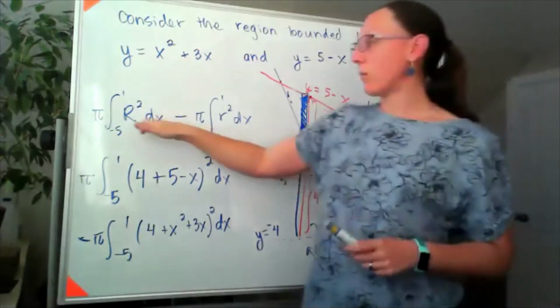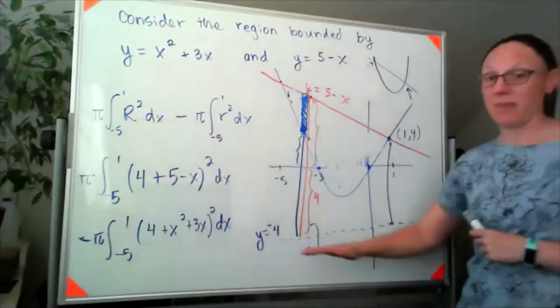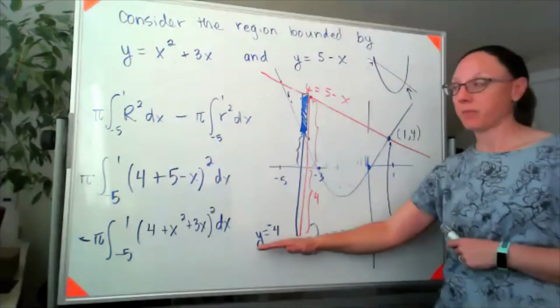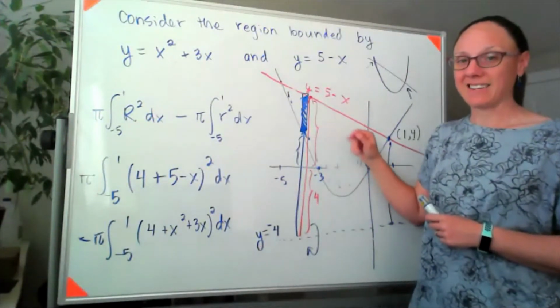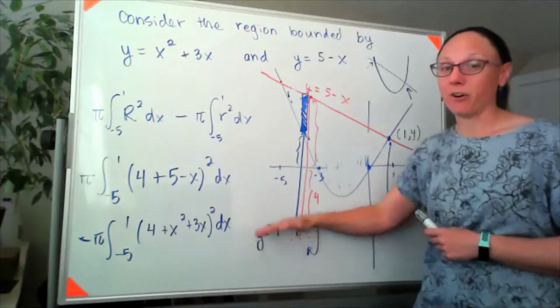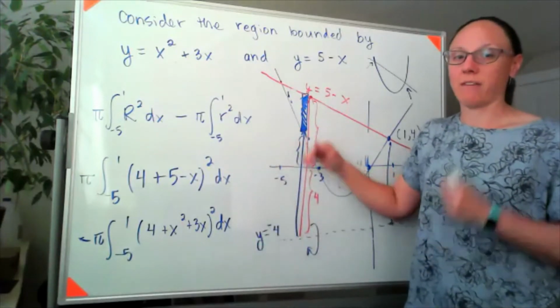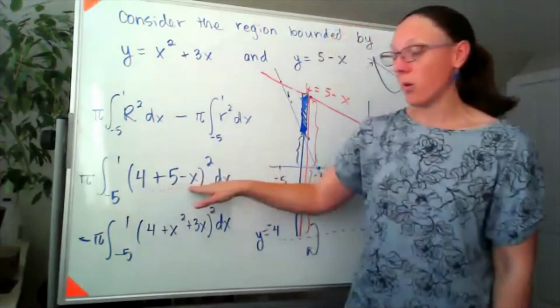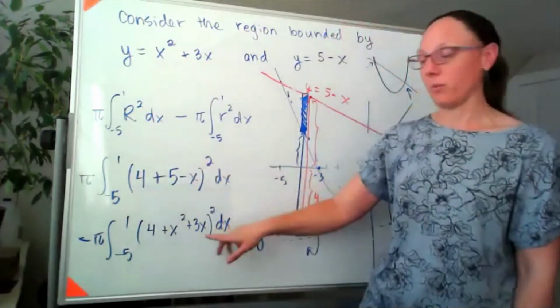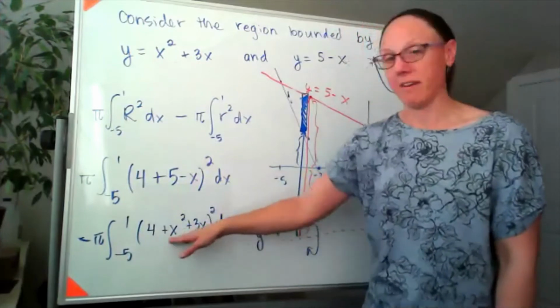So that radius is the distance from the axis of rotation to our arbitrary cross section. And in this case, that means we've got to go 4 plus the y value. So for that outer radius, that's 4 plus the y value of the line. And for the inner radius, that's 4 plus the y value of the parabola.